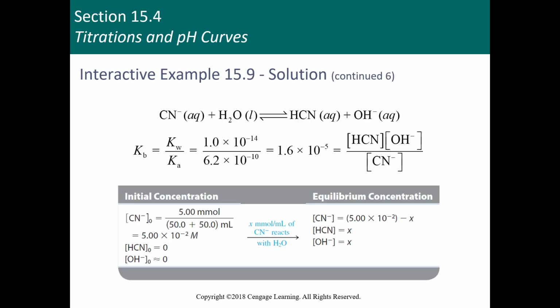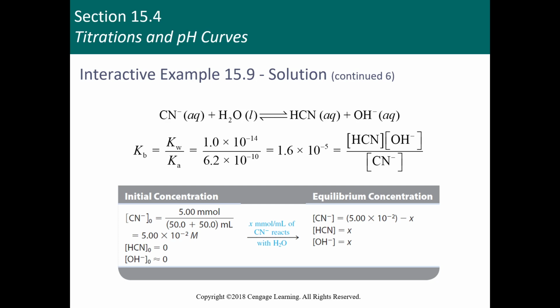All right, so right here we have our cyanide reacting with water. It's going to gain a proton from the water, giving you the HCN again. And that will give you the OH minus. This is the equilibrium that will control your pH at your equivalence point.